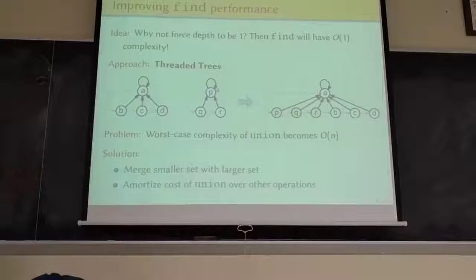So can we try something very similar to last time? In this case we have constant time O(1) find and linear time union, right? So can we reduce the cost of union so that it's no longer linear?